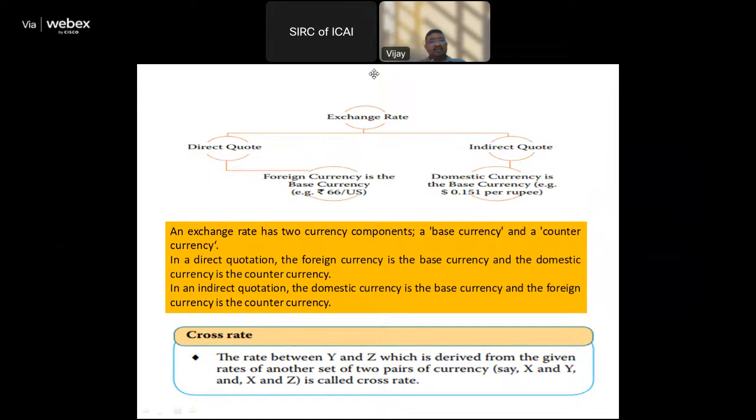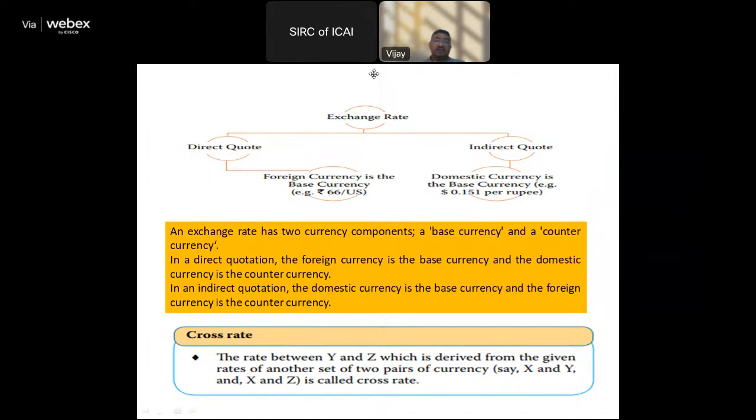Exchange rate is the rate at which one currency is quoted in another currency; it is also called the forex rate. A direct quote is where the foreign currency is the base currency and the domestic currency is the counter currency. For example, $1 is equal to 66 rupees. Then it is called a direct quote.